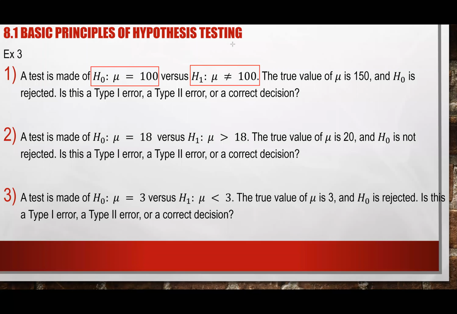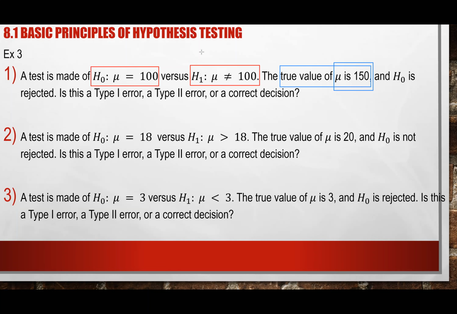And now we did some tests, and it came out that the true value, meaning the result that we have, is mu equal to 150. And now after you do that, this is the result that you have. You say H naught is rejected.